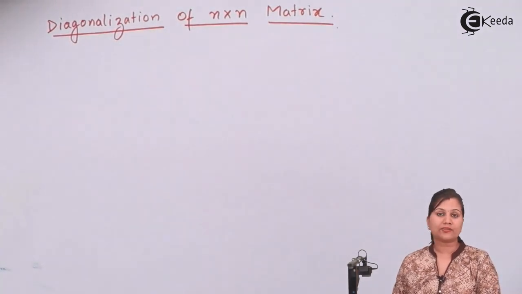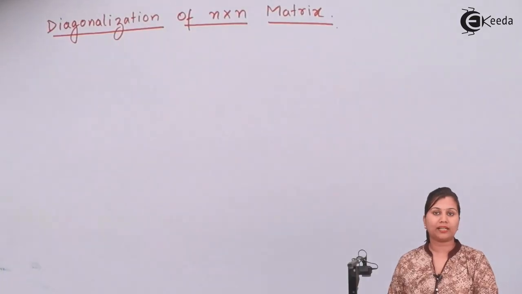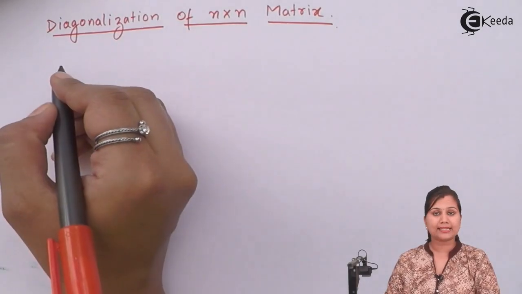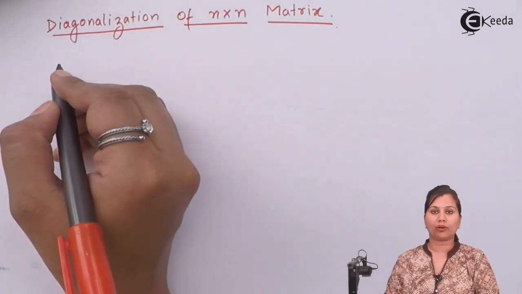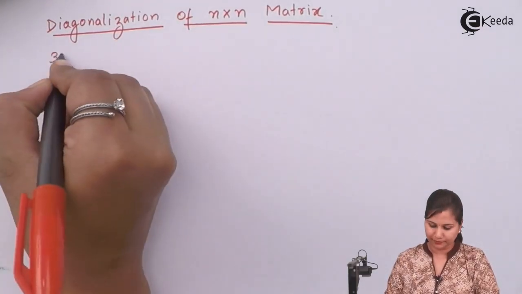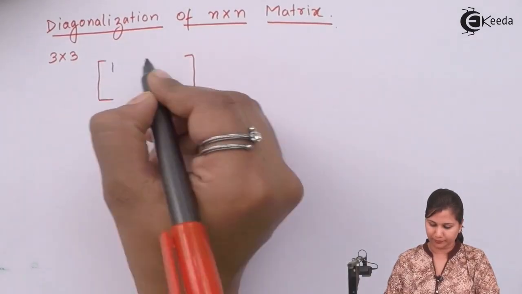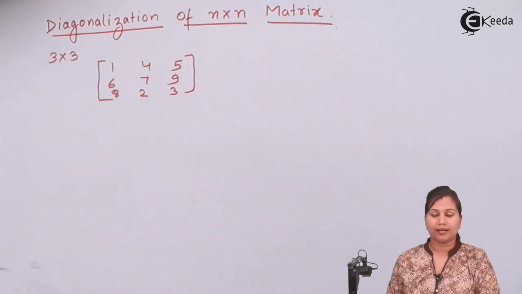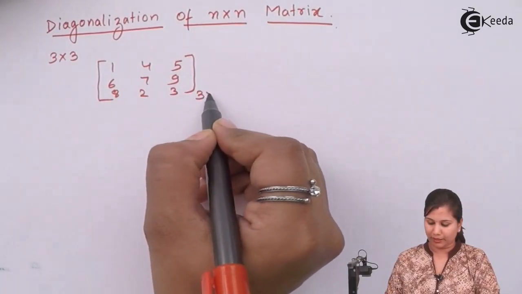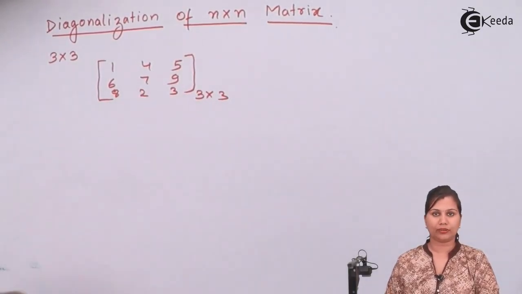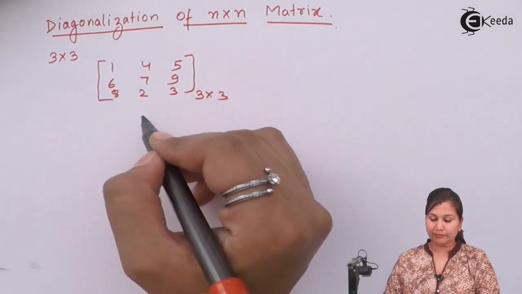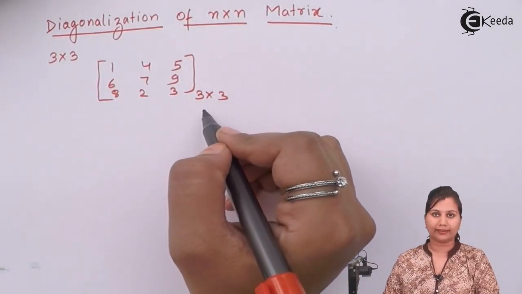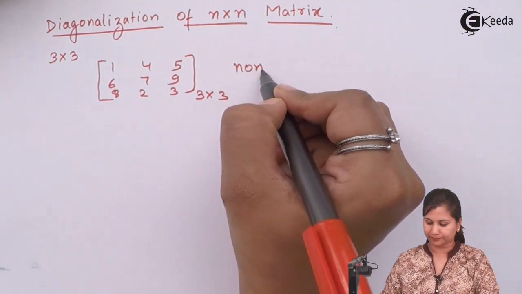Before starting, first we will know the difference between a diagonal matrix and a non-diagonal matrix. Let's take an example of a 3 cross 3 matrix. This is a 3 cross 3 matrix having 3 rows and 3 columns, and this matrix is called a non-diagonal matrix.